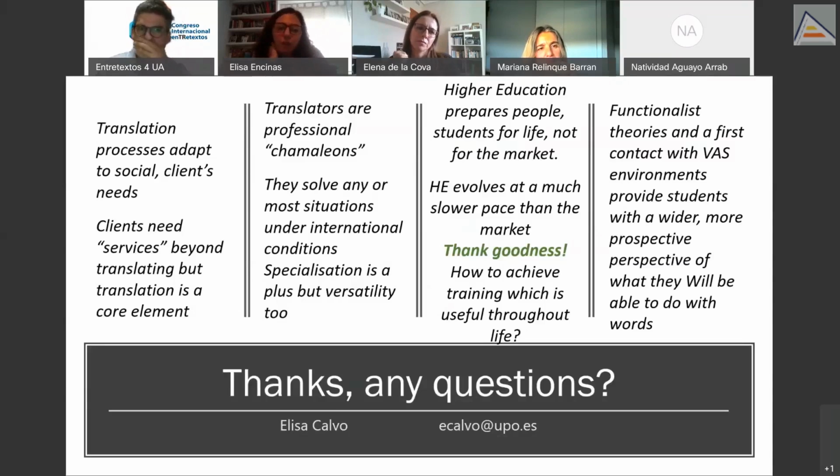Translators today are professional chameleons, so we can train them to become highly specialized in a field or specific service, but they will probably need to adapt very soon to different practices, tools, resources, clients' needs, etc. They will be able to solve any or most situations under international conditions, and specialization is a plus, but versatility too.